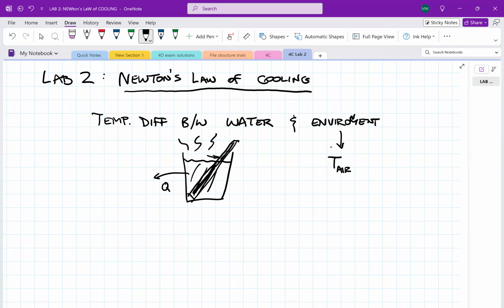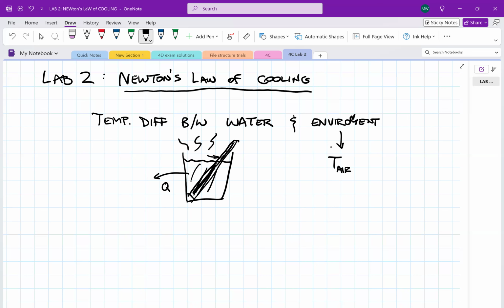Essentially, Newton's law of cooling says that the rate of change of the difference between the water temperature and the air temperature is dependent on what that value is. And whenever you get something like that, it's compounding, like a compound interest problem. So this is an exponential.